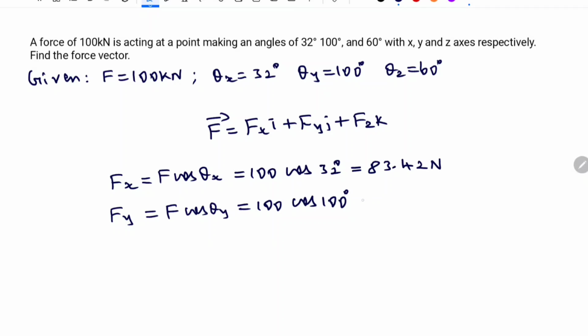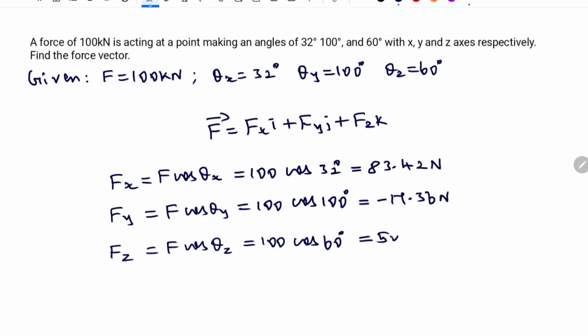Similarly for Fy, it is F cos delta y, that is equal to 100 cos 100 degree, and the answer is minus 17.36 kilonewton. Now, going to Fz, the equation is F cos delta z, that is equal to 100 cos 60 degree, that is equal to 50 kilonewton.